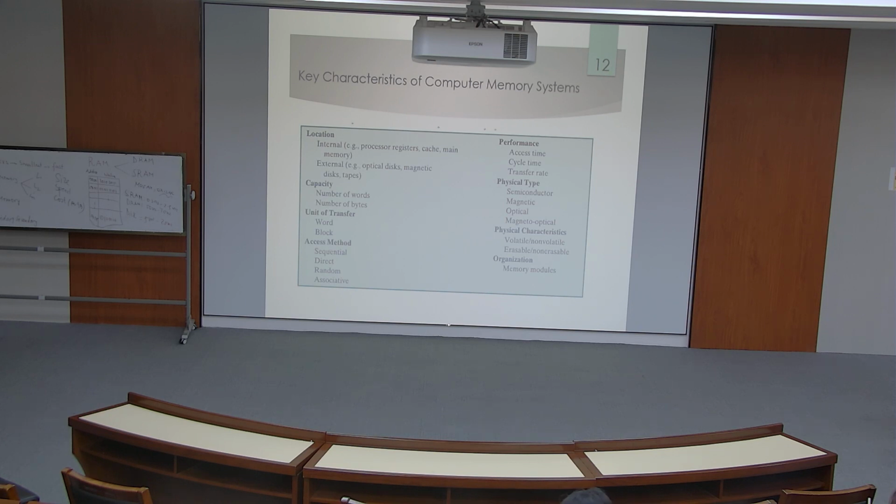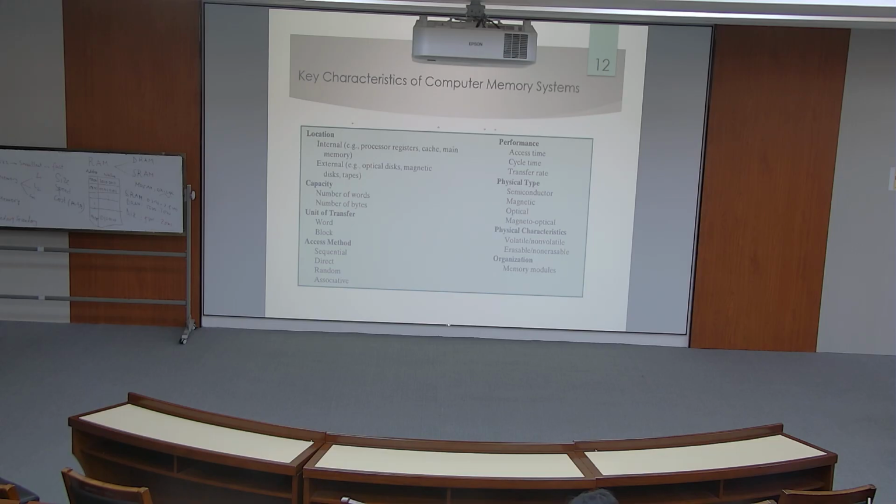Now, physical types of memory: semiconductor memory, magnetic memory, optical memory. And when it comes to physical characteristics, we have volatile memory and non-volatile memory, erasable memory and non-erasable memory.